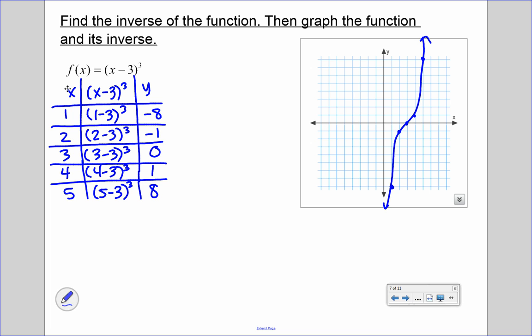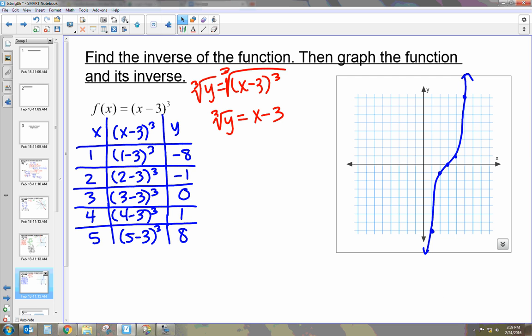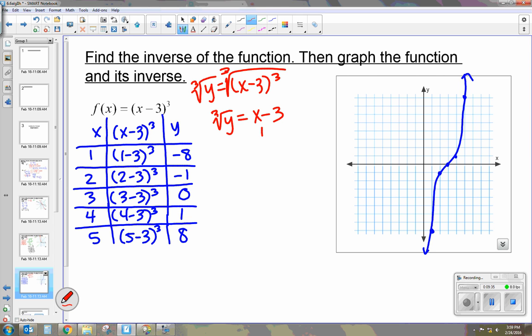Now I'm going to find the inverse. So I have y equals x minus 3 cubed. I have to cube root both sides. I'm going to add my 3, and I get the cube root of y plus 3 equals x.